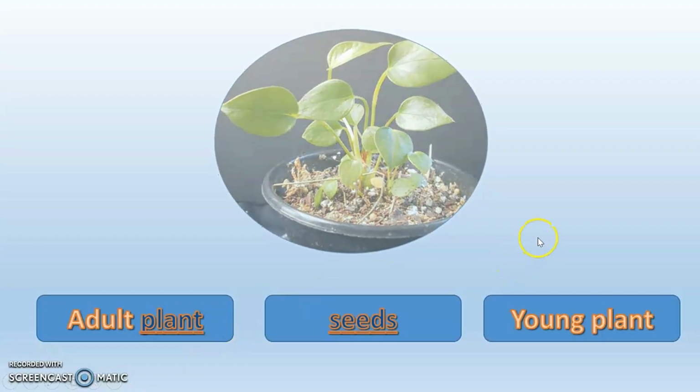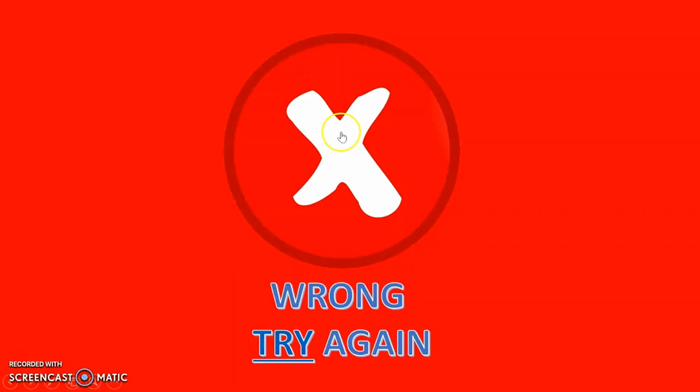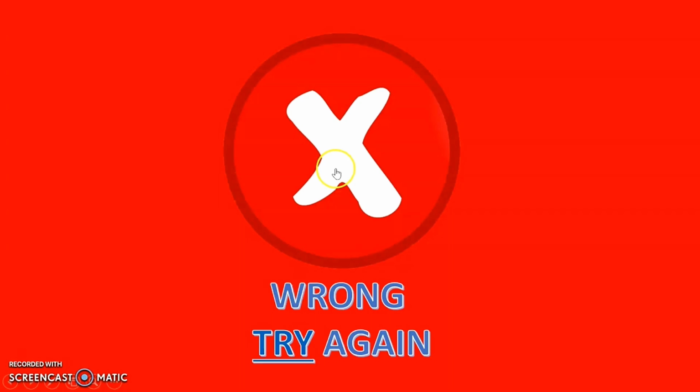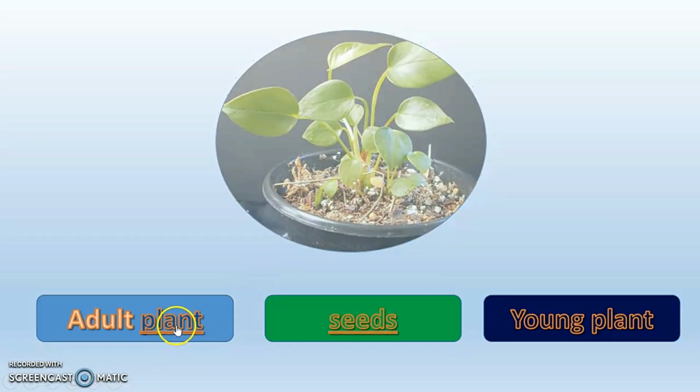Now, the last one. What do you think this process is? Okay, if you think this is seeds, let's try to check. Wrong again. If you think this is a young plant, wrong again. Now, obviously, this is an adult.